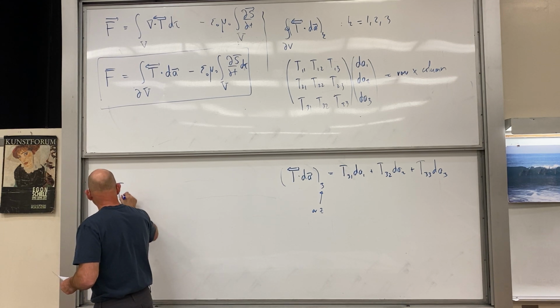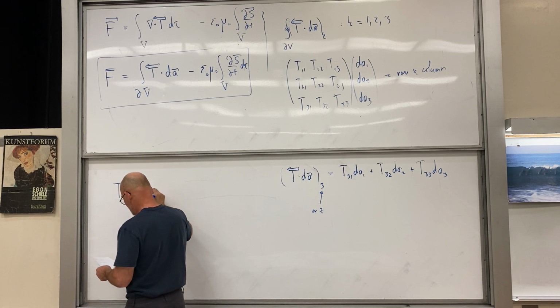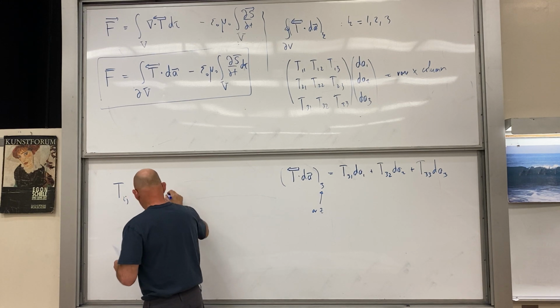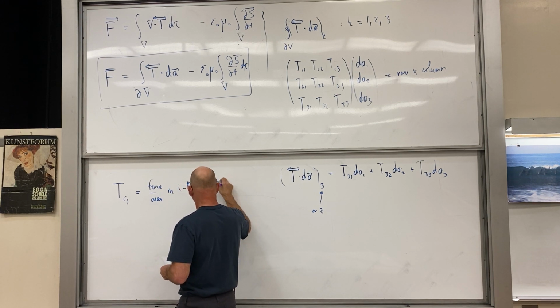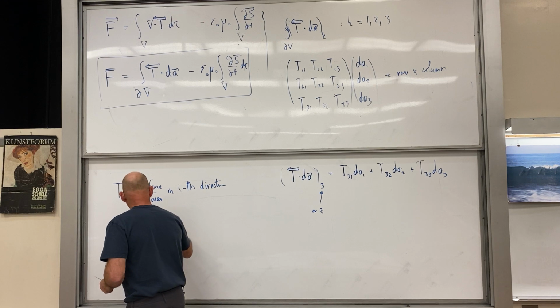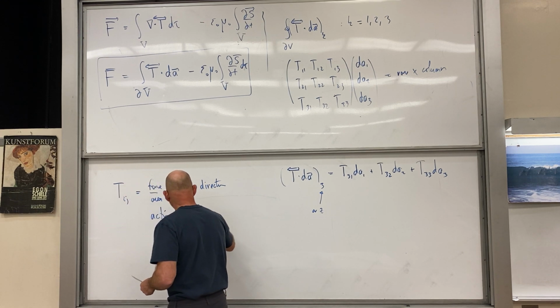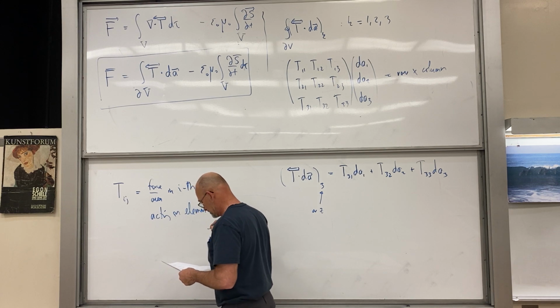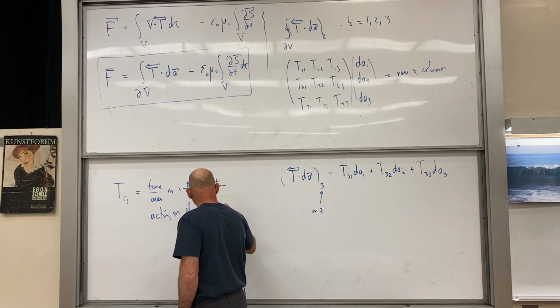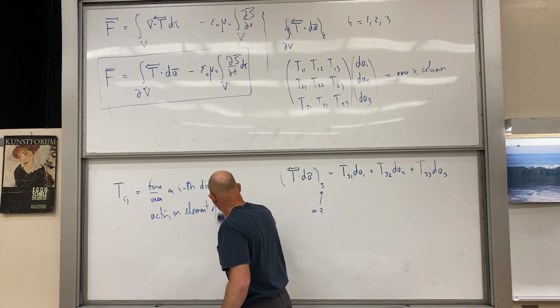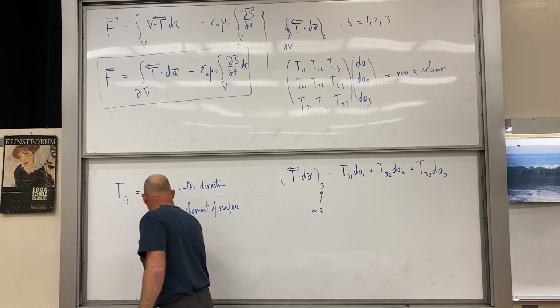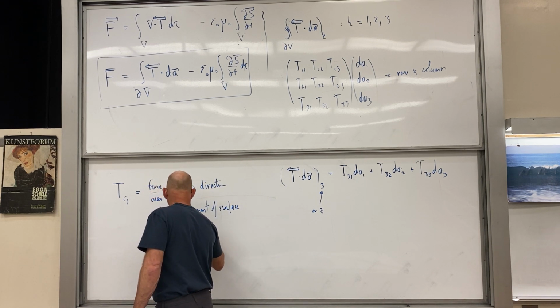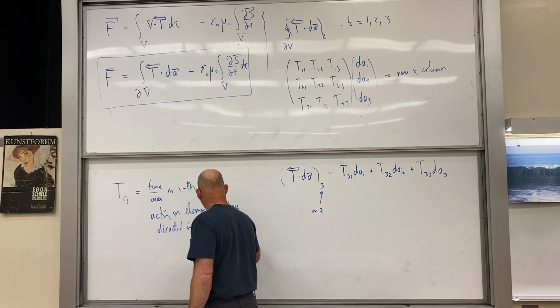So T sub ij is equal to force per area in the ith direction acting on an element of surface directed in the jth direction.